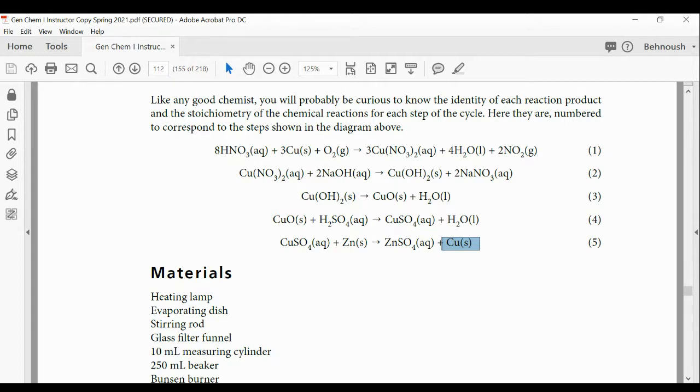What changed the copper nitrate from aqueous to a solid compound in reaction 2? You have to add NaOH. Not enough NaOH to fully precipitate. Very good, very good. Hydroxide.